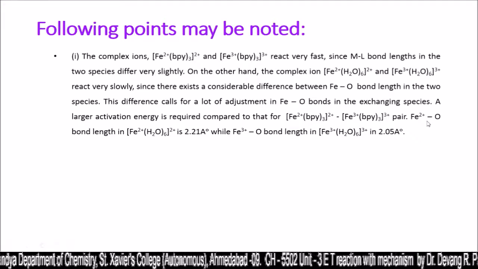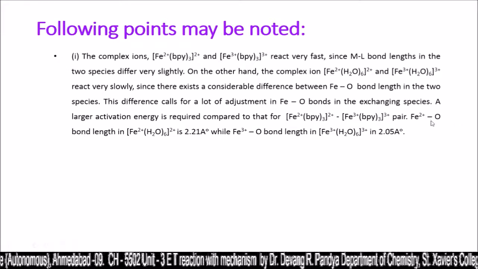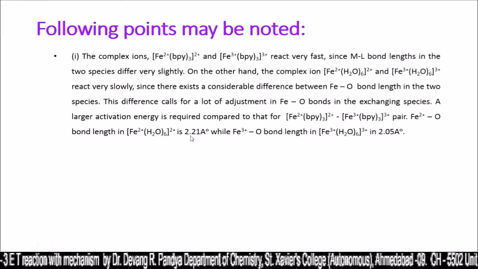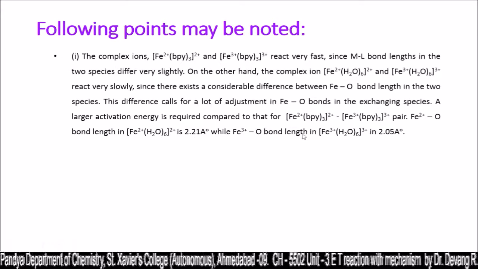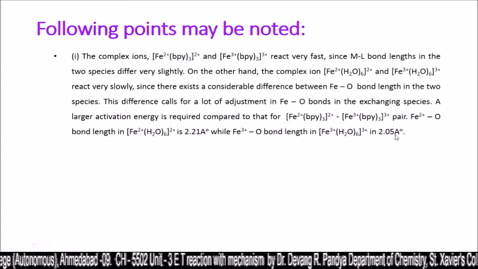The Fe-oxygen bond length in hexaaquairon(II) is 2.21 angstrom, while the Fe-oxygen bond length in hexaaquairon(III) is 2.05 angstrom.